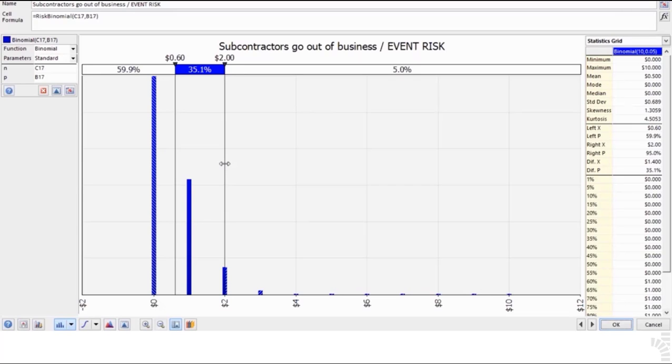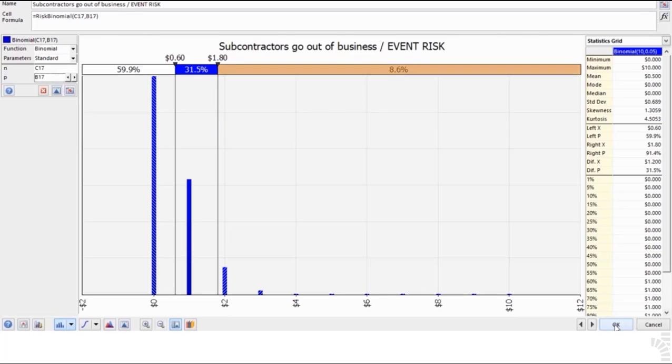There is close to a 60% probability that no subcontractor, 0, will go out of business, given the fact that there's 10 on the list and that the individual probability of each one of them going bankrupt is of 5%. Also, there is close to 32% probability that exactly one subcontractor will go out of business, given the same facts.